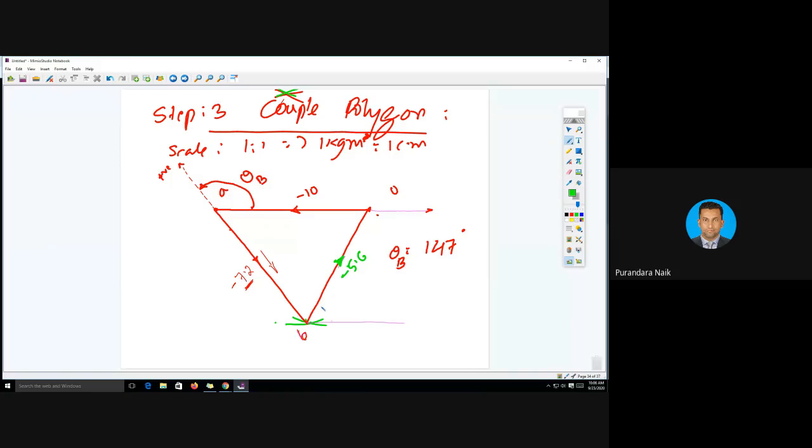Okay, the angle is to be measured not like this. This is not the angle. This is for minus. So you need to measure the angle by extending this line in the opposite direction like this. This indicates the positive sign. So the angle is to be measured in the positive direction. This is theta C.